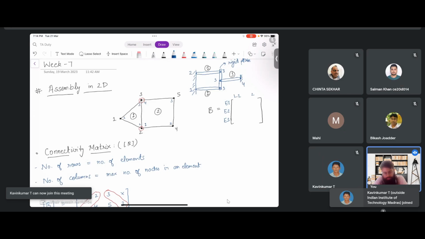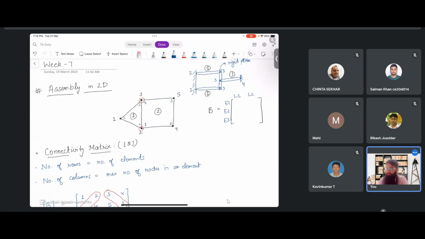So I'll write L1, local node 1, local node 2, L2. I'll just write the local node numbers 1, 2, 1, 2, 1, 2. So what should be the connectivity matrix?